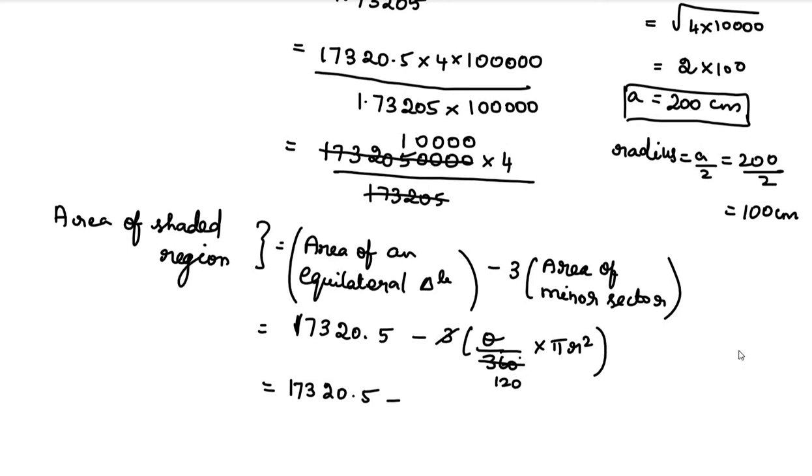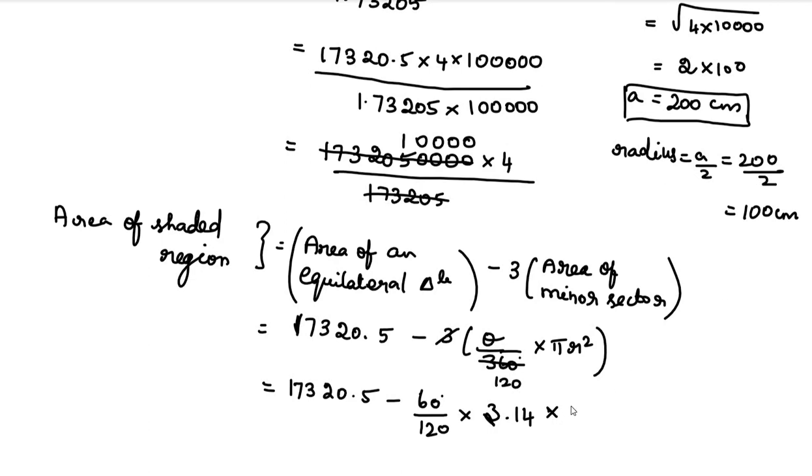So minus theta. What is the equilateral triangle angle? Theta will be 60 degree, right? So 60 degree by 120 into 3.14 into r square.